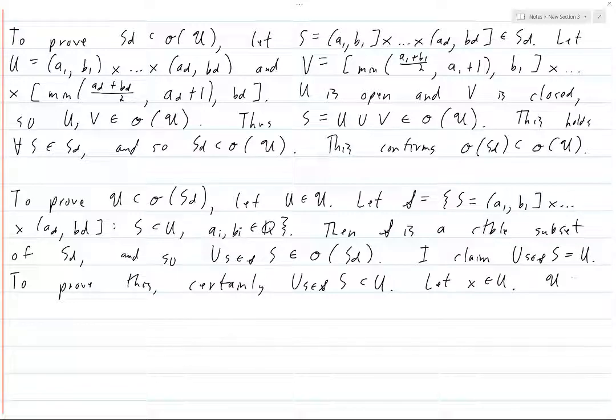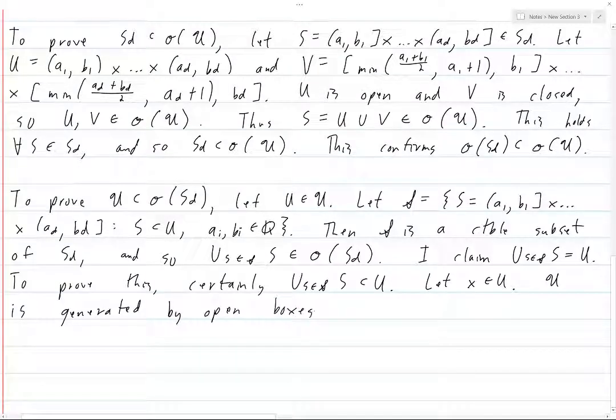Okay, so U, the standard topology on R^d, is generated, and when I say generated, I don't mean generated as a sigma field. I mean generated like a topology generated by a set, from the usual topology definition of that phrase. So U is generated by open boxes in R^d.